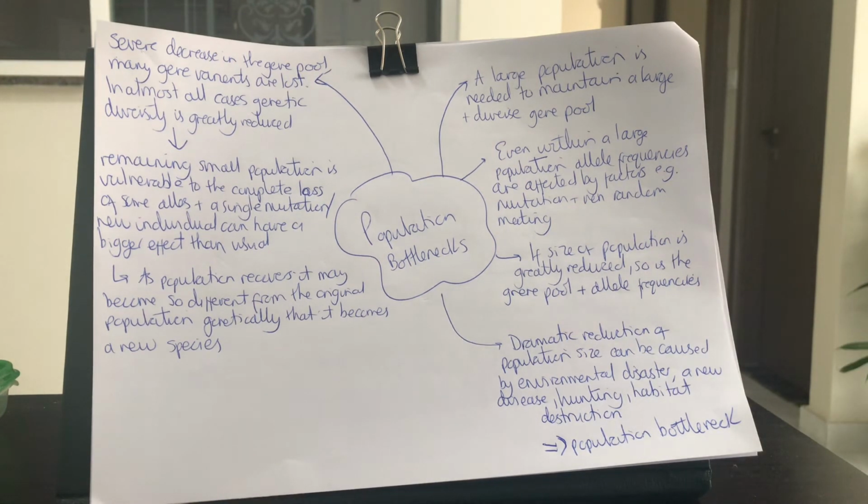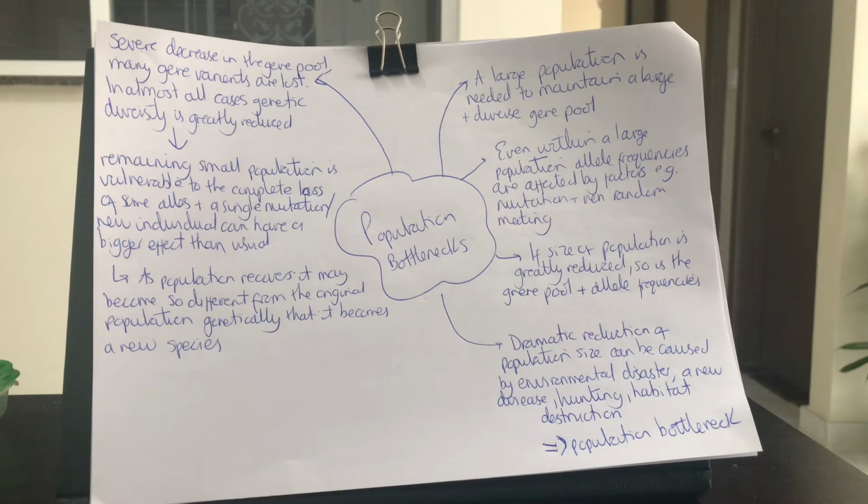With this severe decrease in the gene pool, many genetic variants are going to be lost, and in almost all cases your genetic diversity is greatly reduced. So less organisms, smaller gene pool, a loss of gene variants, a reduction in your genetic diversity.